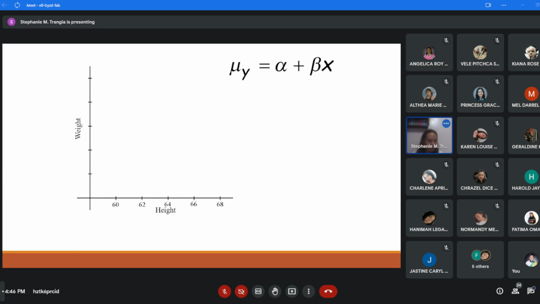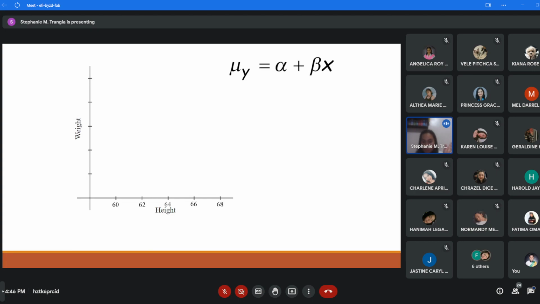Inyong weight, class, is very much dependent sa inyong height. So, for example, two persons with the same structure or pareho forma, with differing weights, meaning, differing heights, ang isa medyo taas kayo, ang isa mubo kayo, mag-differ gihapon ilang weight. Kay the higher the height of a person, basically mataas iyahang weight.